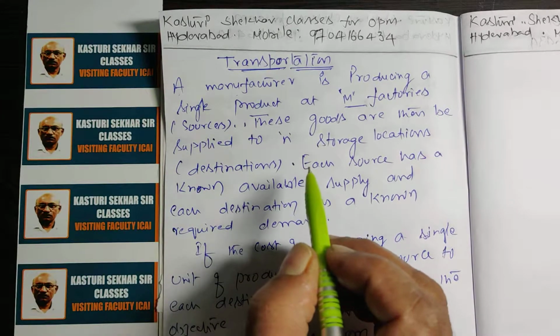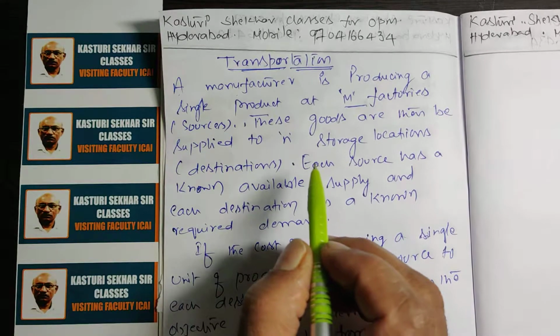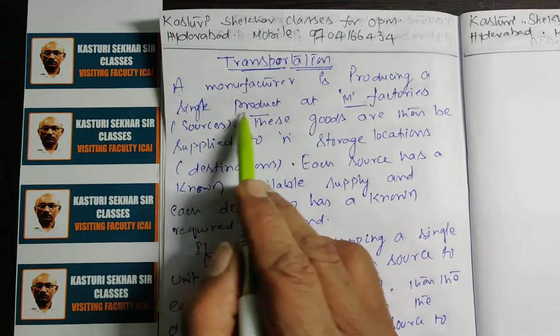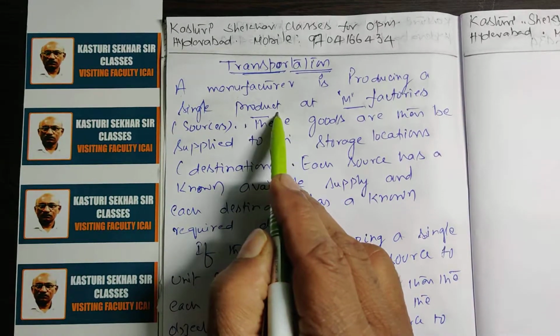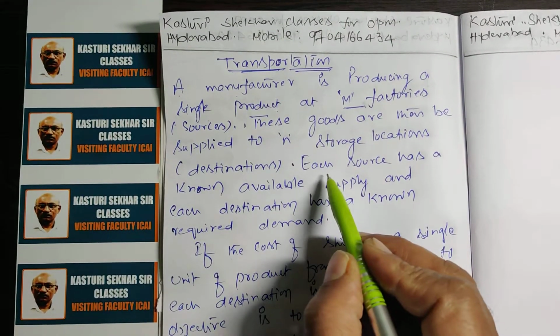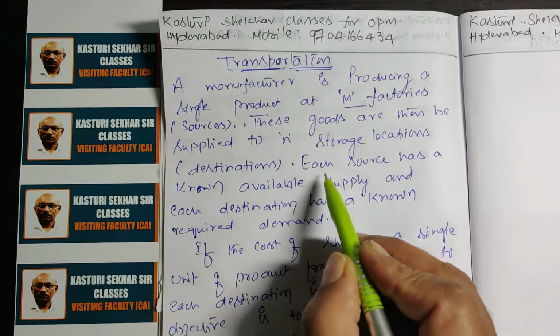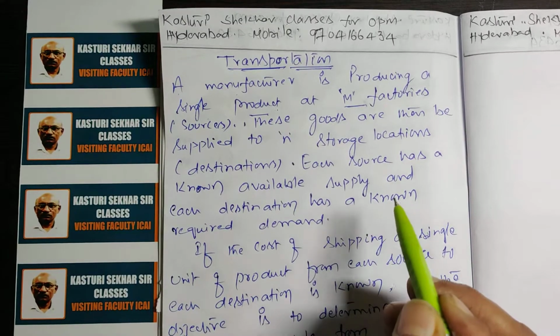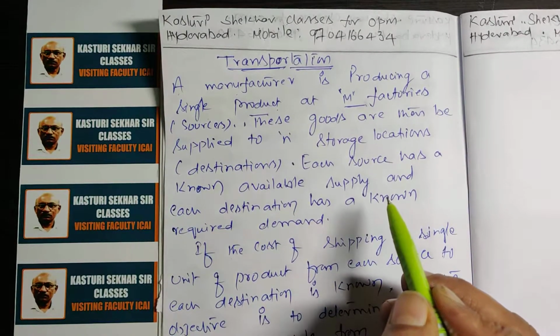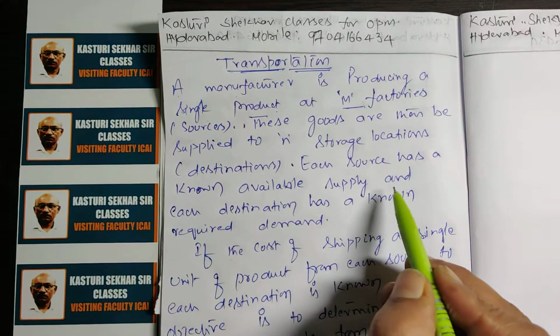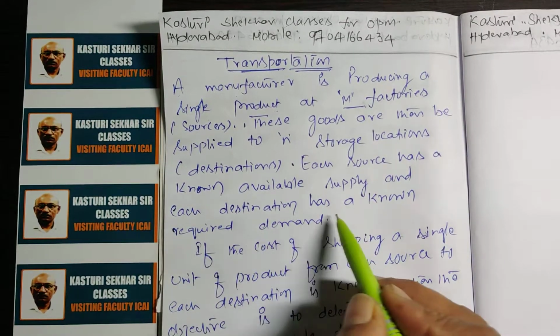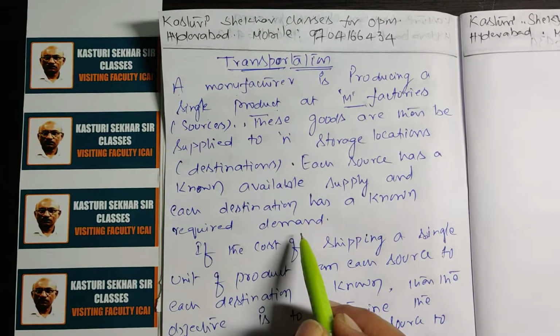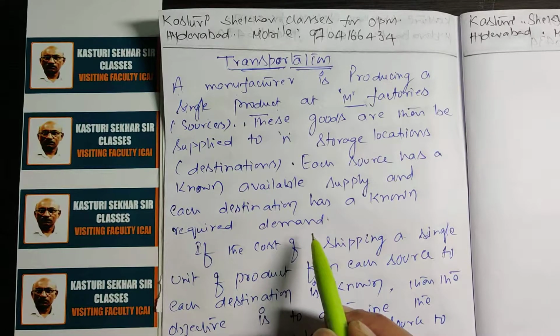Remember one point, in this example the manufacturer is producing a single product. Okay sir. In addition to this, what is given? Each source has a known available supply and each destination has a known required demand.